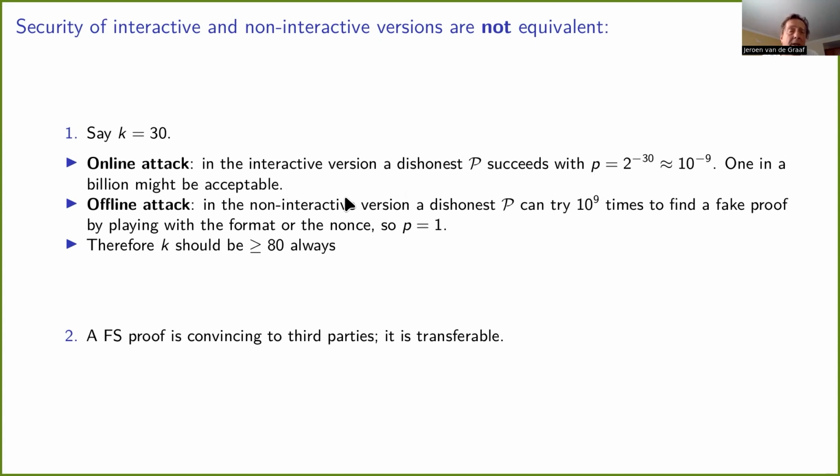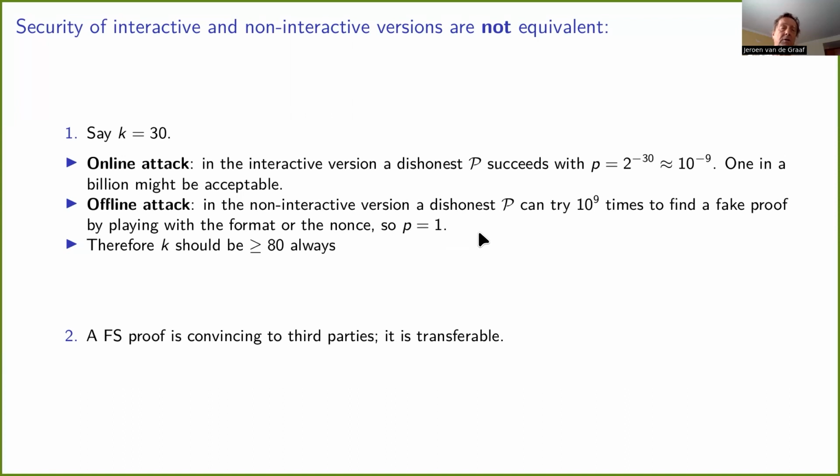But in an offline attack, in the case of the hash function, the prover can try a billion possibilities until he finds a special hash combination with special input to find a fake proof for the statement. This is obviously not acceptable, and so when we apply the Fiat-Shamir heuristic, you should have a very high security factor, at least 2 to the minus 80, because that is supposed to be infeasible.